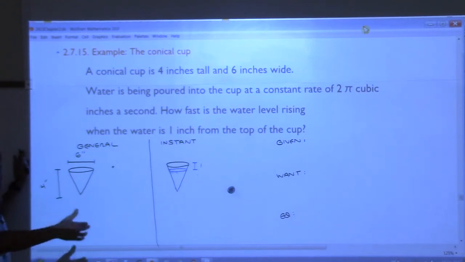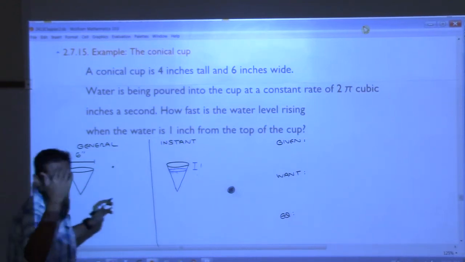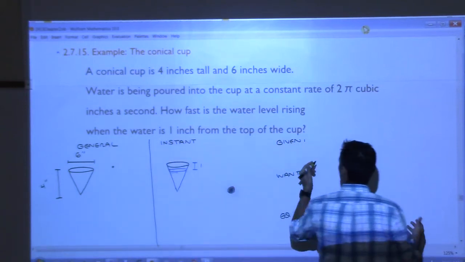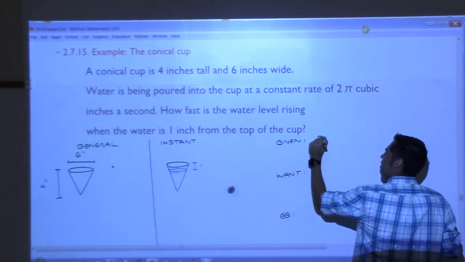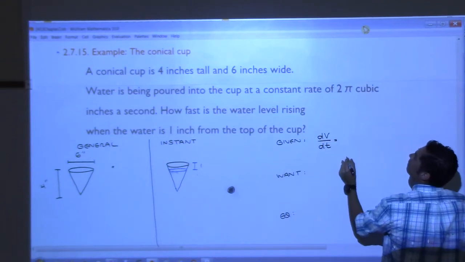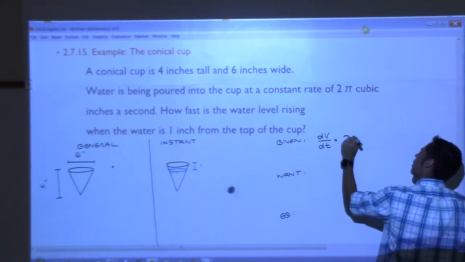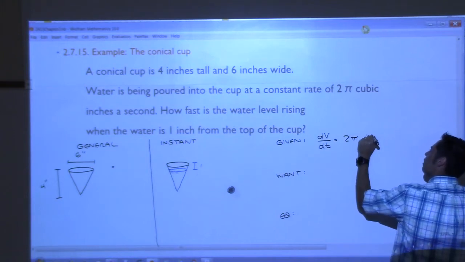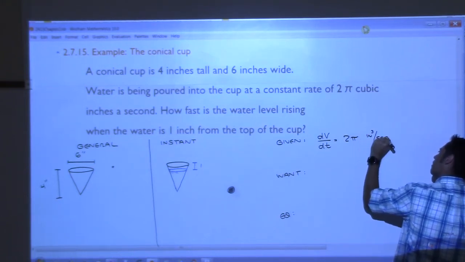So we'll go with dV/dt because it's a change. You could use any variable you want, but I'm going to stick with volume because it is a measurement of volume. dV/dt: the volume is changing at a rate of 2 pi cubic inches every second.